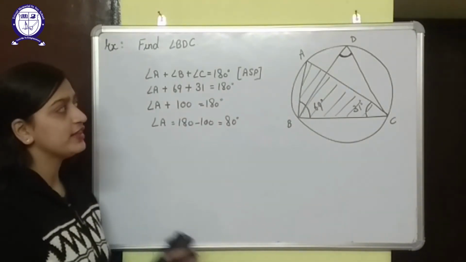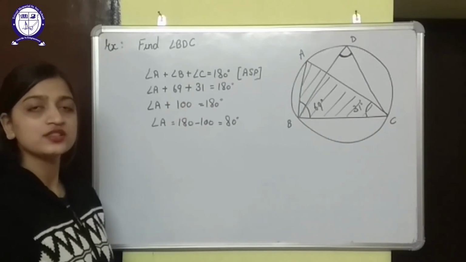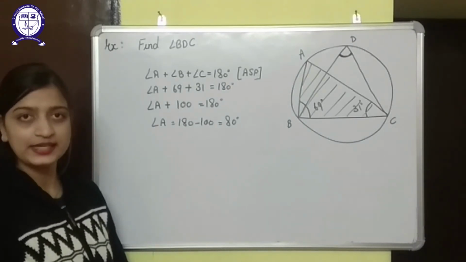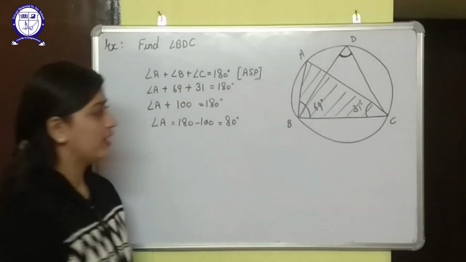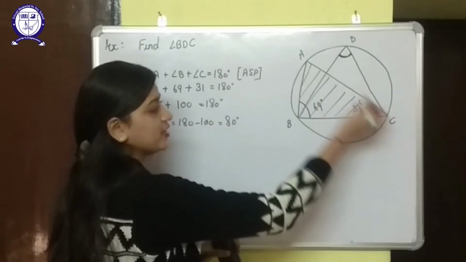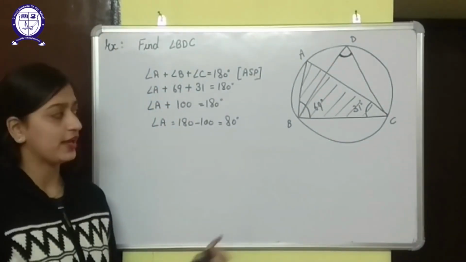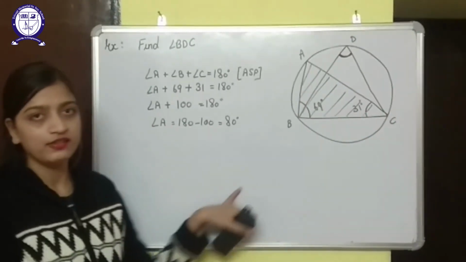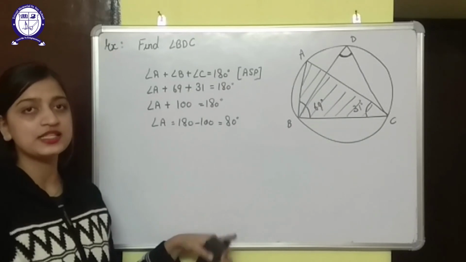But I need to find the angle BDC, and in this chapter we have learned theorem 10.9 also, which says the angles in the same segment are equal. And you can see that this angle BAC and BDC both are angles in the same segment BC, right? They are formed by the same arc and with the same segment.